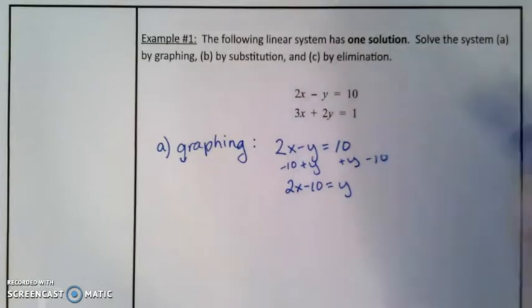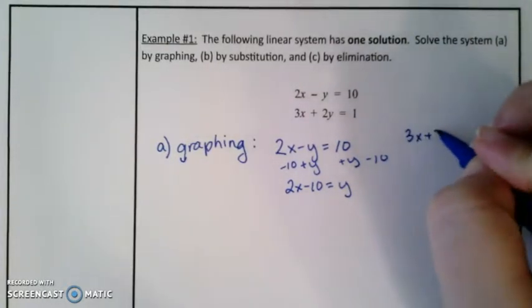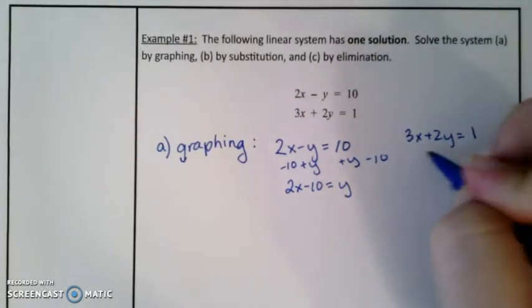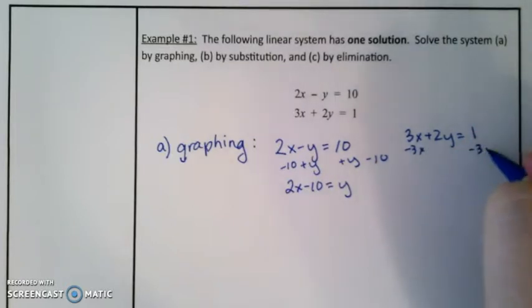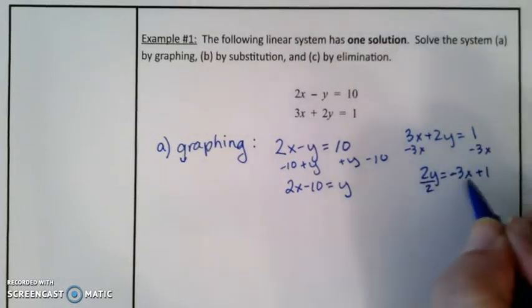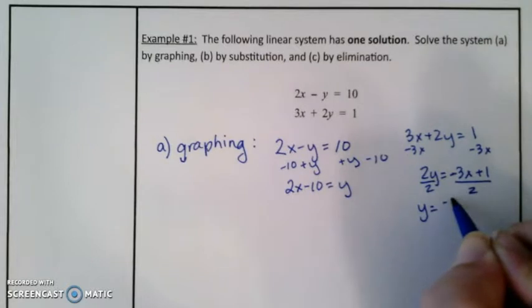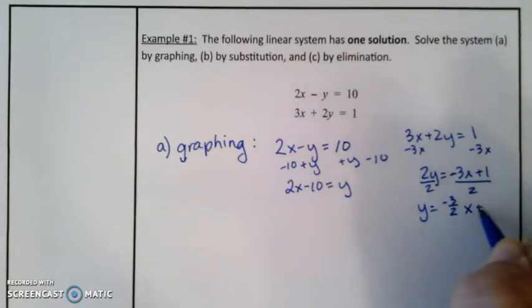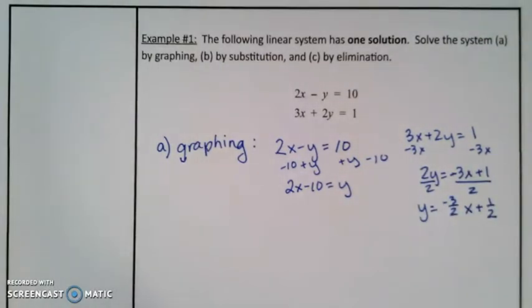For the second equation, 3x plus 2y equals 1. Subtract 3x from both sides. 2y equals negative 3x plus 1. Dividing by 2, y equals negative 3 halves x plus 1 half. So let's go ahead and put that into the calculator.